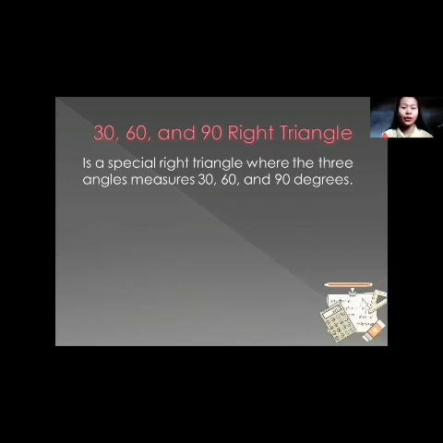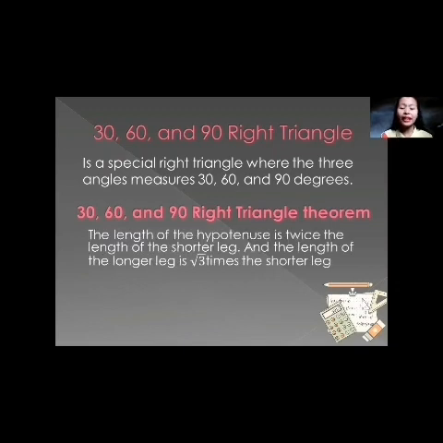It also has a theorem, class. According to the 30, 60, and 90 right triangle theorem, the length of the hypotenuse is twice the length of the shorter leg, and the length of the longer leg is square root of 3 times the shorter leg.